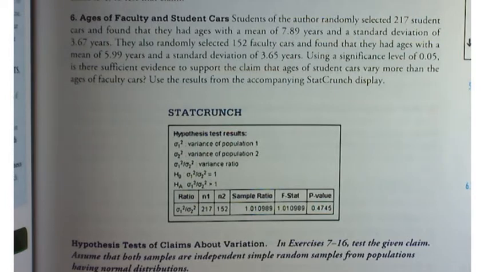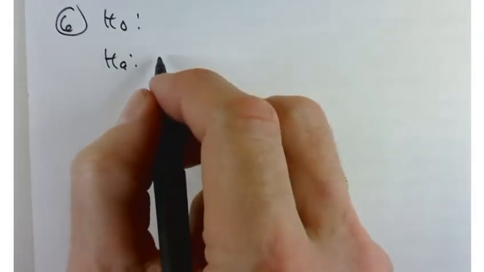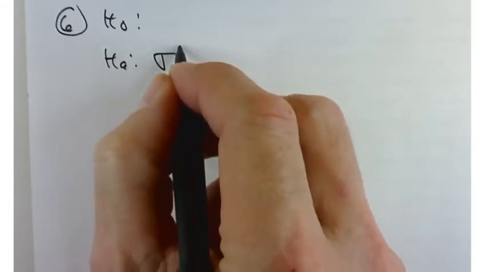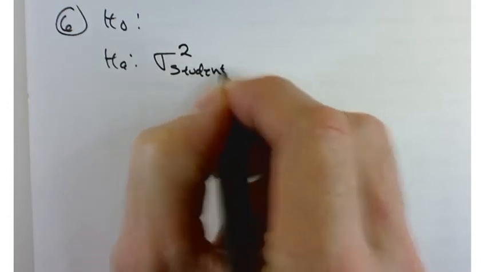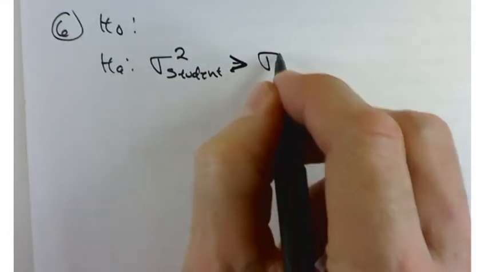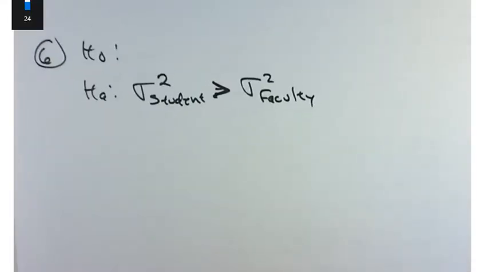Now, technically speaking, the F-test does work with the variances. So let's just put the variances down here. The original claim that we're testing is that the age of student cars vary more than the age of faculty cars. So I'm just going to write this as sigma squared sub s is greater than sigma squared sub faculty. If you just want to write sub s and sub f, that's fine too.